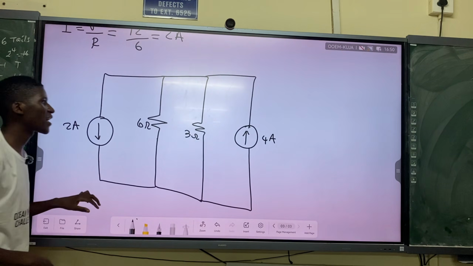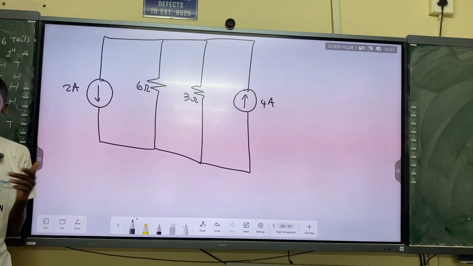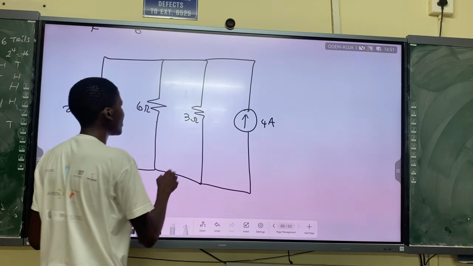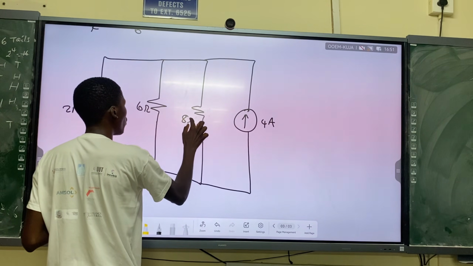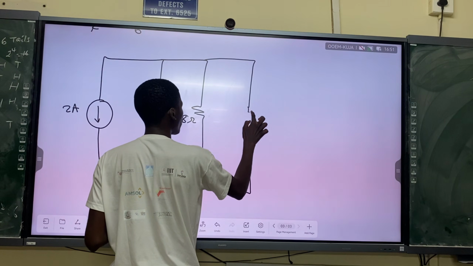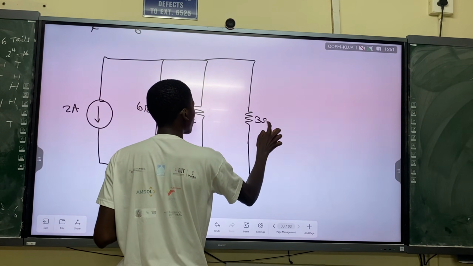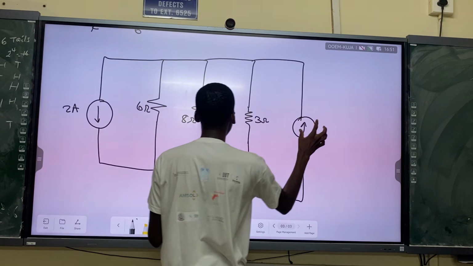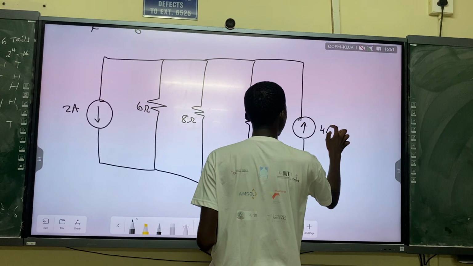Remember the direction of the current is conventional. Oh, there's an 8 there. So we've got 8 ohms, and then we've got 3 ohms, and here we've got 4 amperes.